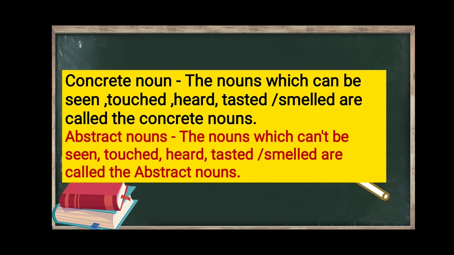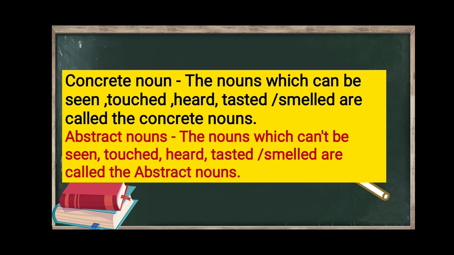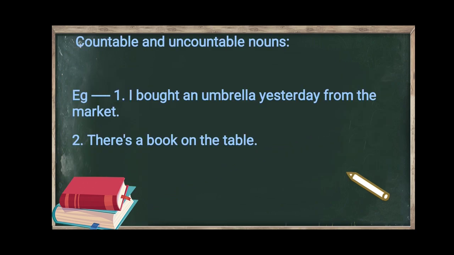On the other hand, the nouns which cannot be seen, touched, heard, tasted or smelled are called abstract nouns. So, students, that's why today we are proceeding towards discussing the next and the last two types of noun, which are countable and uncountable. So, students, let's start with today's discussion on these new topics.